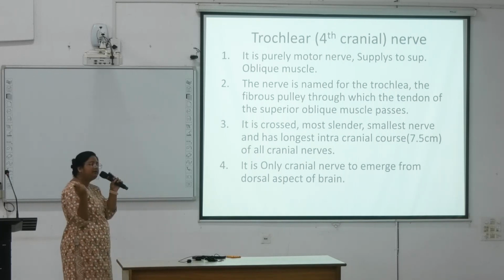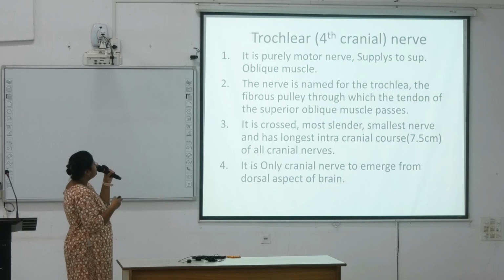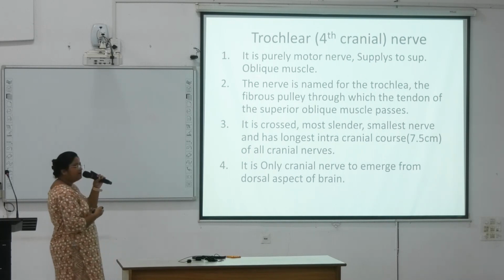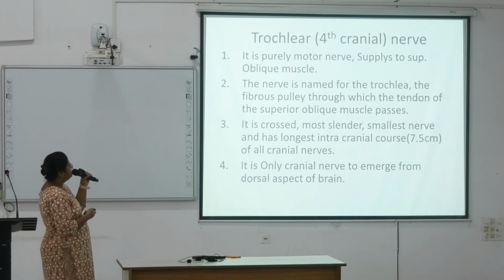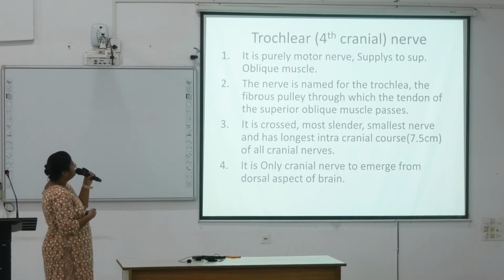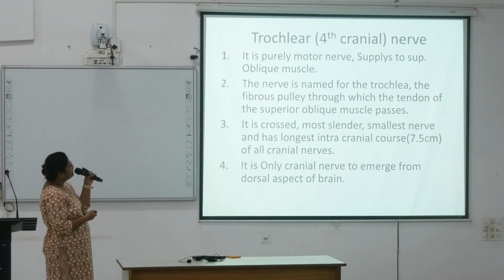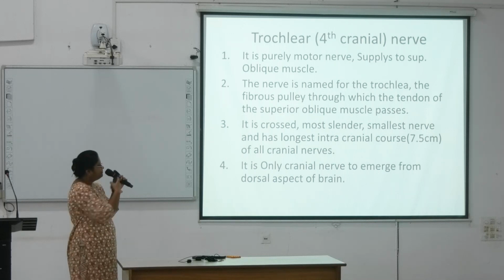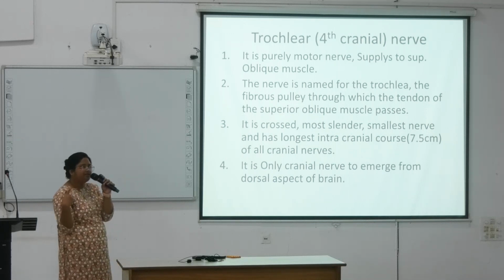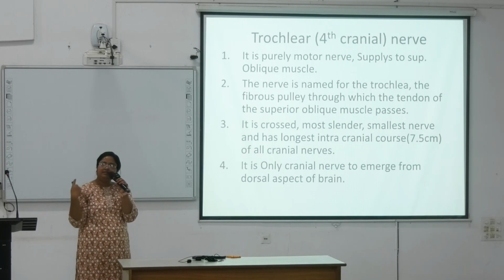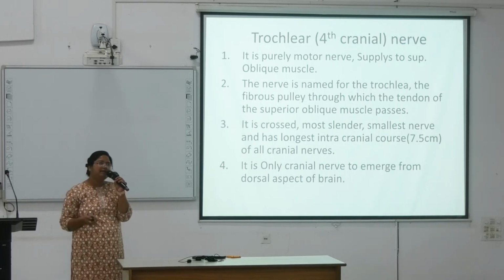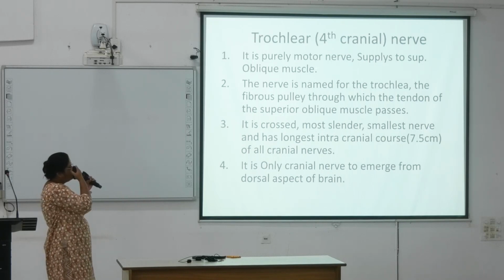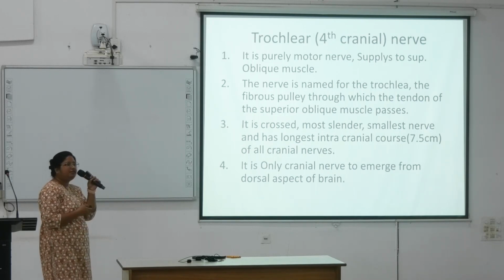The trochlear nerve is named for the trochlea, the fibrous pulley through which the tendon of the superior oblique muscle passes. You have seen in the previous picture the superior oblique passes through a pulley and then is attached over the eyeball. According to this pulley, the nerve has been given the name trochlear nerve.